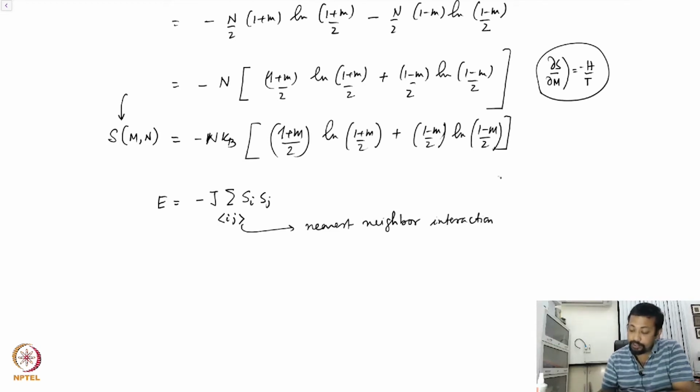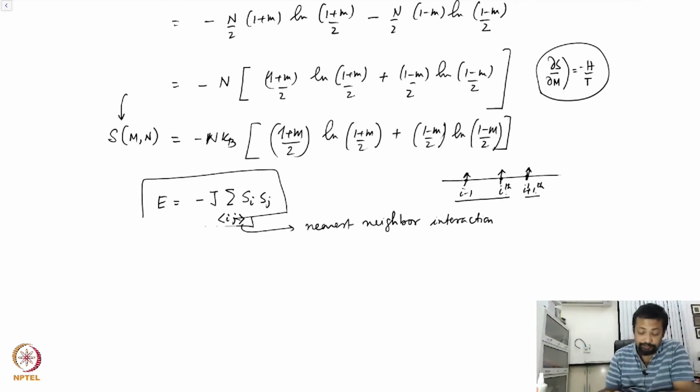So which means that if I have a lattice, I have the ith spin, I have the i plus 1th, and I have the i minus 1th. So if this spin is up, then it tries to flip the neighboring spin towards itself. The interactions are only between i and i plus 1 and i and i minus 1. Of course, this model in physics is a very simple model of magnetization and is called the Ising model.